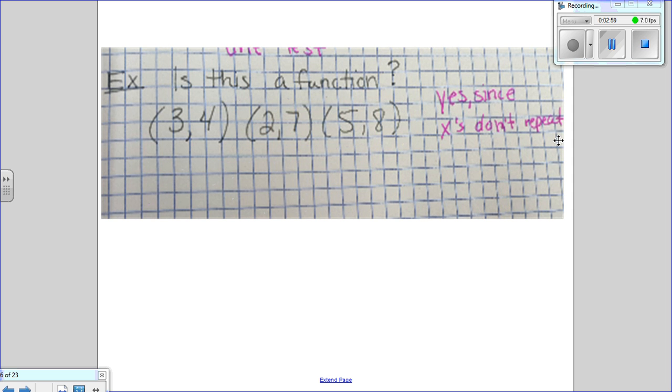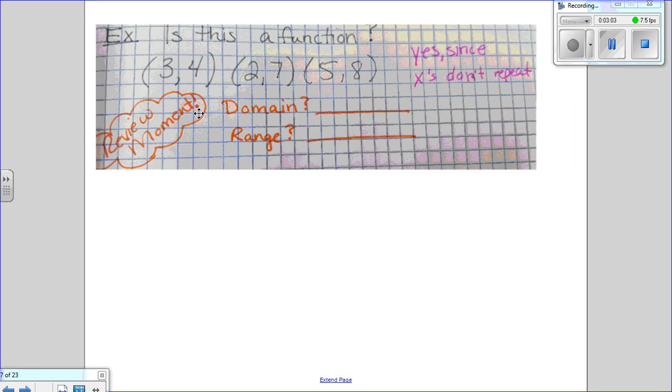Okay. As an added bonus, I went ahead and threw in a little review moment, see who can remember what this means. Domain and range. Who remembers what domain is? Okay, hopefully you answered x values, which means our range must be the y values.